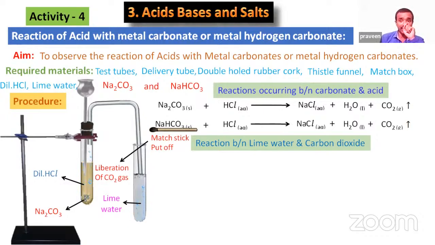Lime water is a colorless solution, but when you blow carbon dioxide into it, its color changes to milky white. After that, it gives you undissolved material at the bottom, a precipitate. So actually that is a precipitation reaction, and we can also write that reaction.